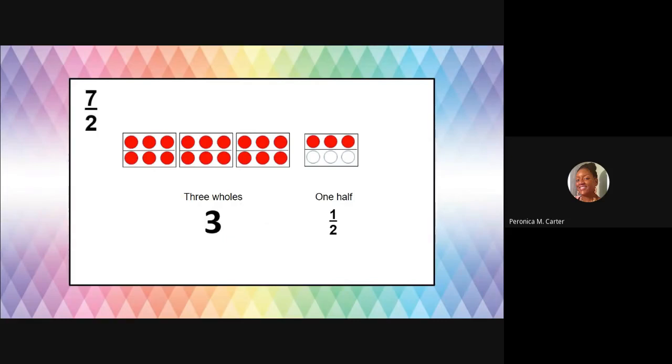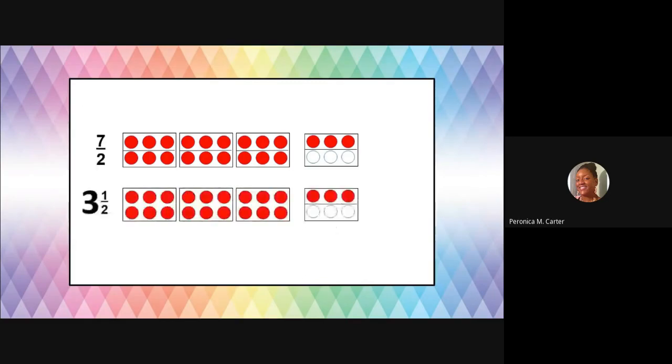So that's 7 halves. But they also represent 3 wholes and a half. All right, let's look at them together. You still have your 3 wholes and you still have your 2 halves represented here. So 3 wholes and a half, 3 wholes and a half for both, okay?